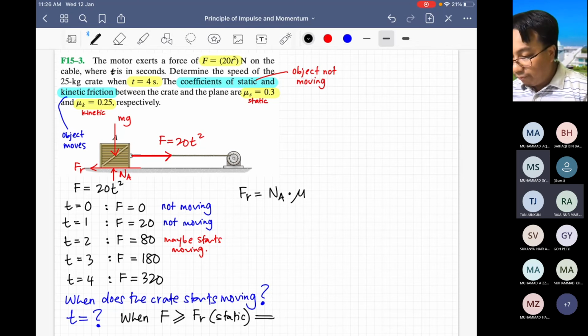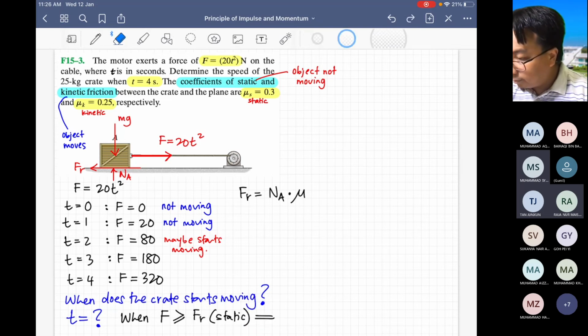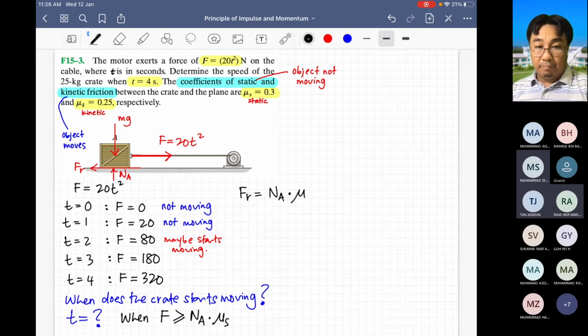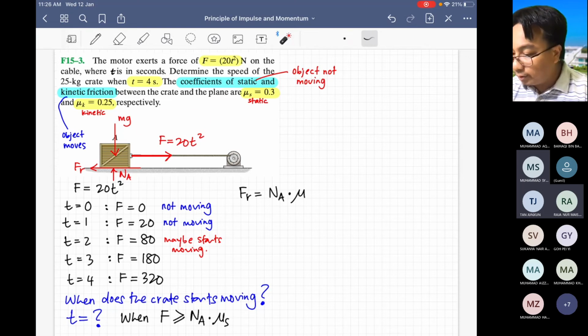So when force F ini lebih besar daripada FR yang static, it means force is larger than N times mu S. Bila force yang di-apply, this force 20T square ni lebih besar daripada N kali mu S, pada masa itulah the crate will start to move. So ini yang kita kena find out first.